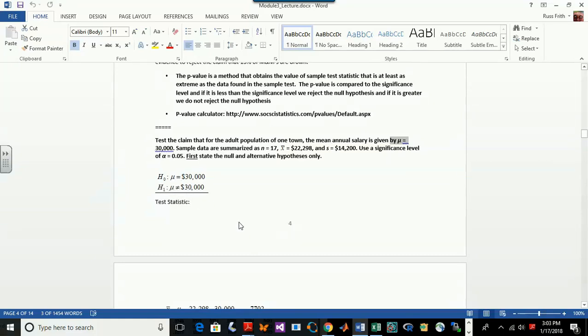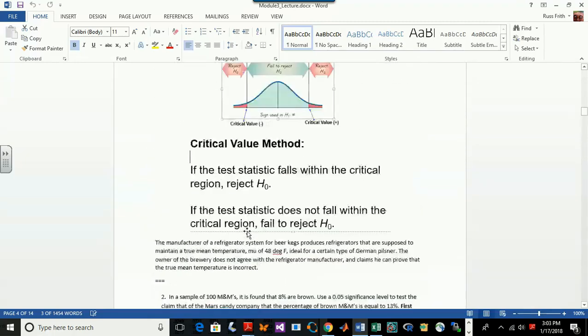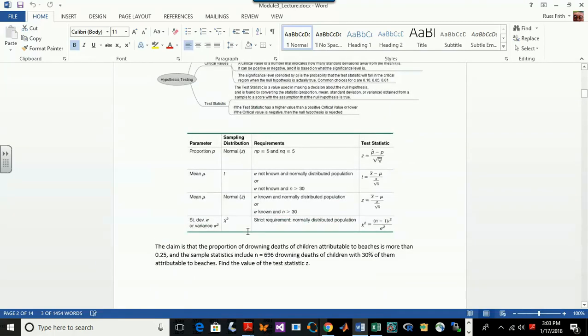In this case, for the test statistic, we're not dealing with proportions. Let's see, what is np? N is 17, so we don't have a proportion. Which test statistic should we use? The parameter is a mean.